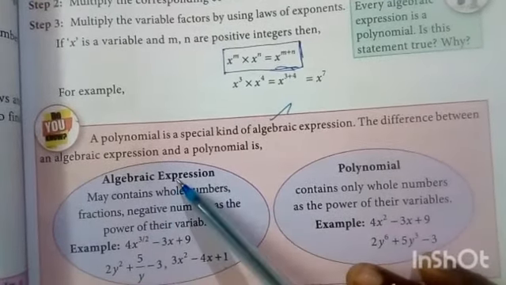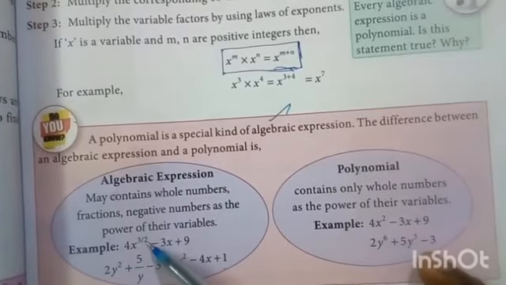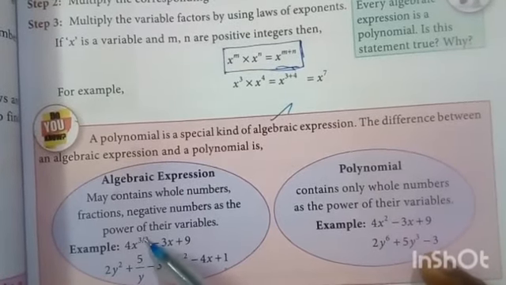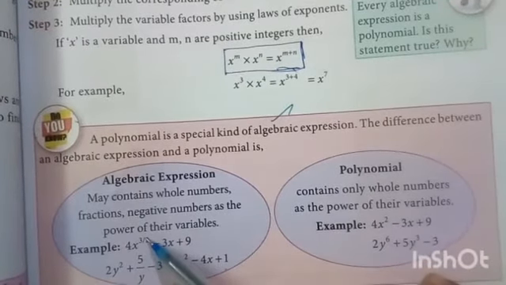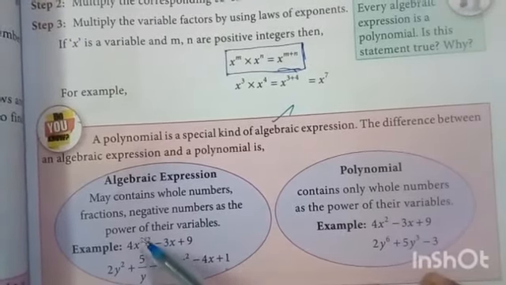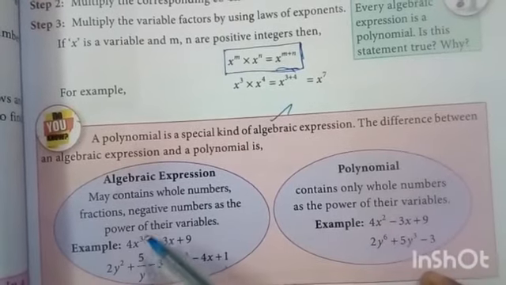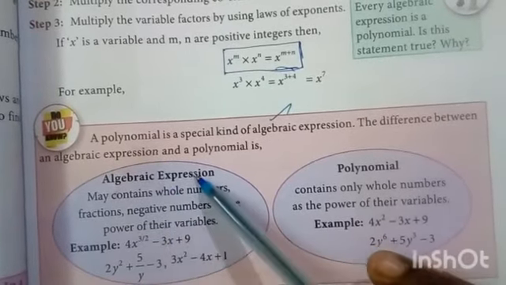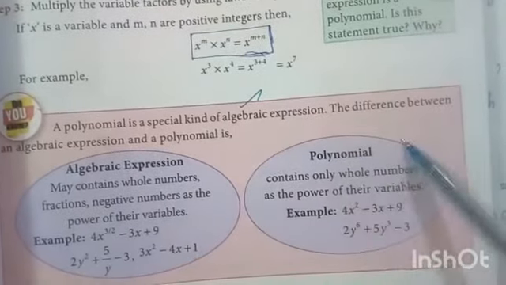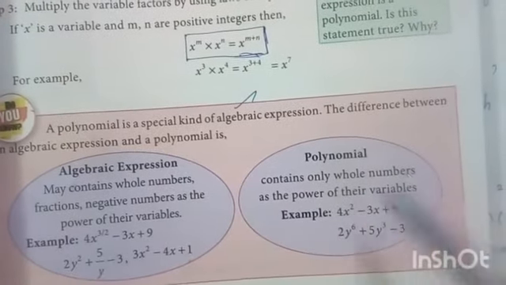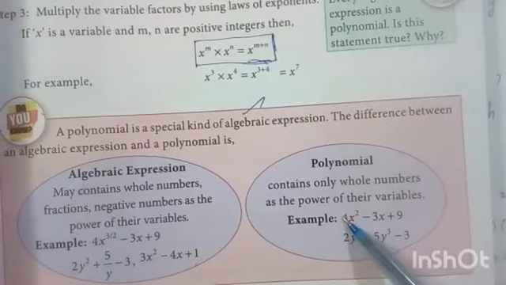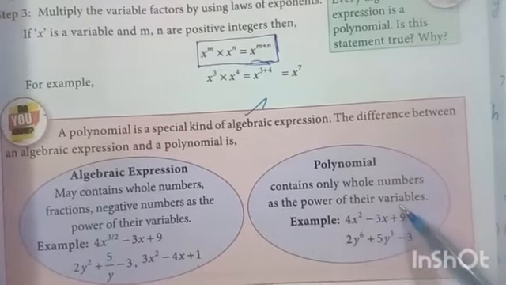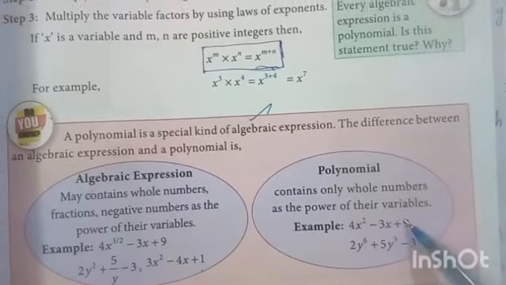Positive numbers, negative numbers, fractions, all of these can be in an algebraic expression. But a polynomial contains only whole numbers as the powers of its variables. So you have to check that the powers are only positive whole numbers.